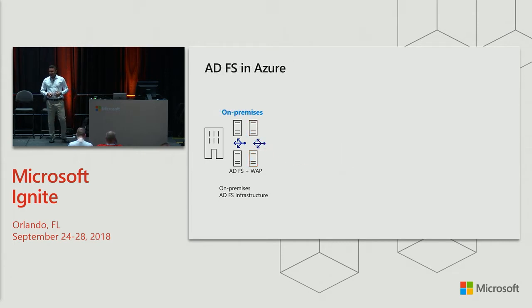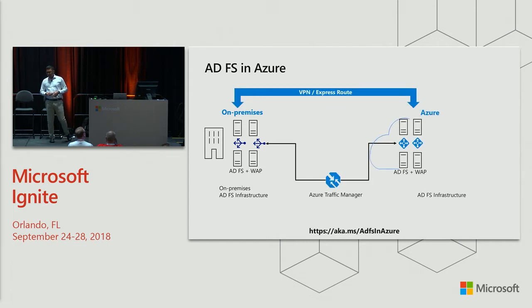So instead of putting additional ADFS and web boxes on your on-premises location, what you can do is put your ADFS and web boxes in Azure, and then have the connectivity between your on-premises and Azure via various mechanisms that you can choose, that is VPN, ExpressRoute, et cetera, and have an Azure Traffic Manager in between the two points.